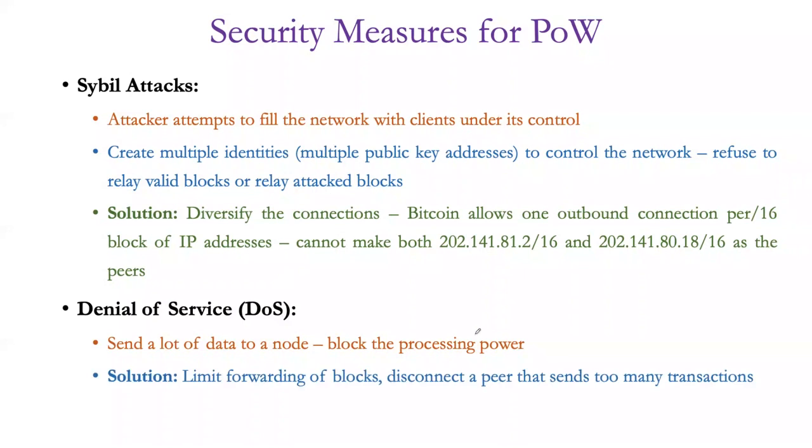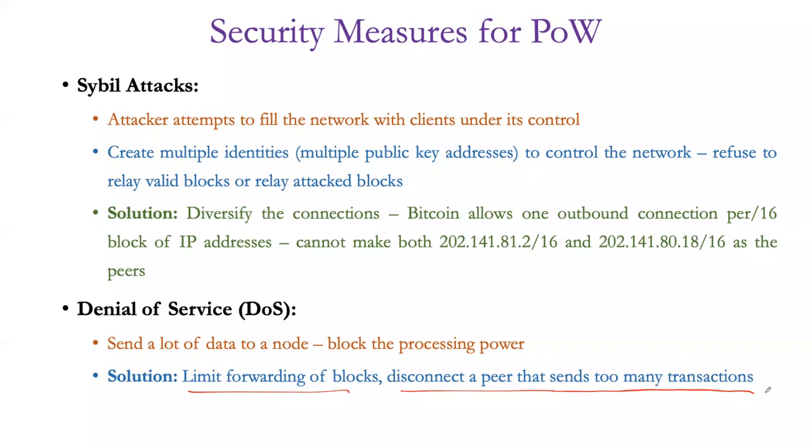Because the mining process requires resources, right? CPU power, processor power, power consumption, everything is considered. So the solution for such limitations is to limit forwarding of blocks and disconnect a peer that sends too many transactions.